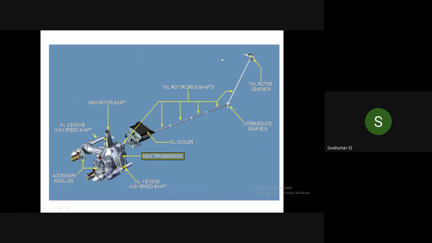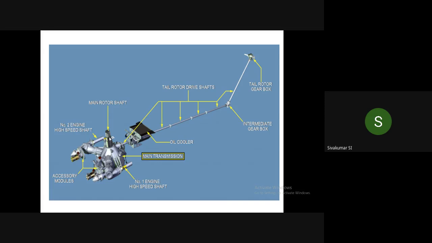Then the oil must be recirculated, so you provide an oil cooler, like a heat exchanger. That oil cooler reduces the temperature of the oil, and it is again collected in the system and recirculated. This may be the oil system, which is a wet system.